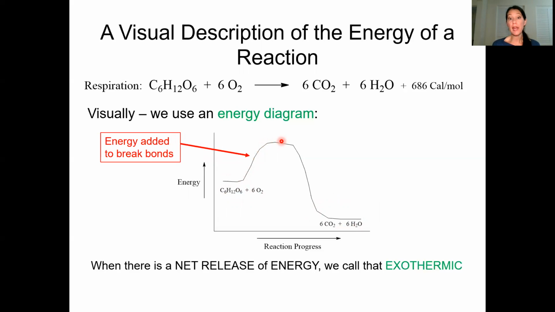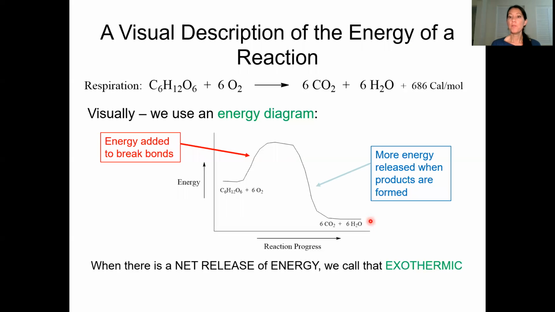Then it depends on the reaction. Sometimes you release a little bit of energy. In this case, we released a lot, so more energy was released when the products are formed. So overall, you have a net release. The difference between here and here, the reactants and products, the delta H is actually the energy of the products minus that of the reactants. So overall, a net release of energy, that is exothermic.